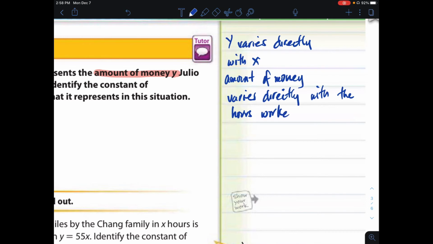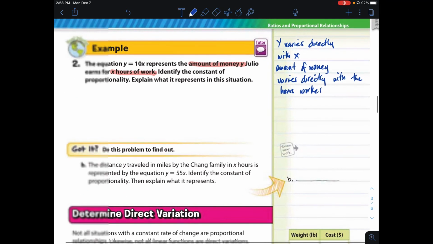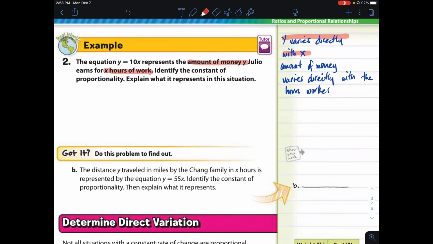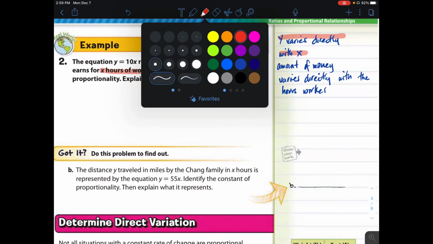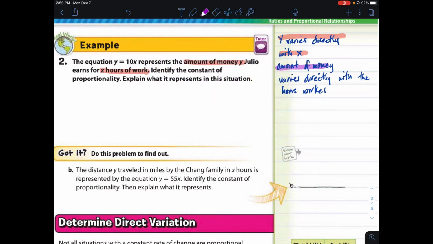So when you talk about direct variation, y varies directly with x. In this case, the y is amount of money and x is the hours of work. So we can also say that the amount of money varies directly with the hours worked.